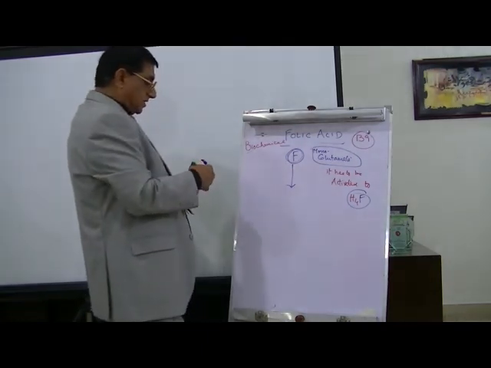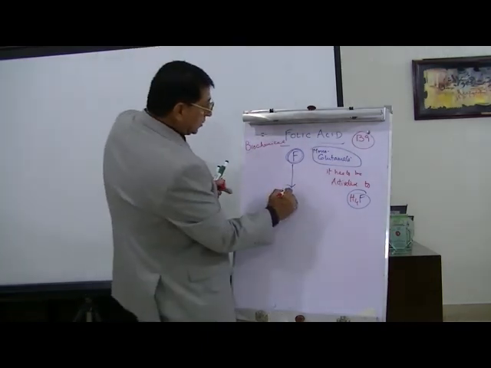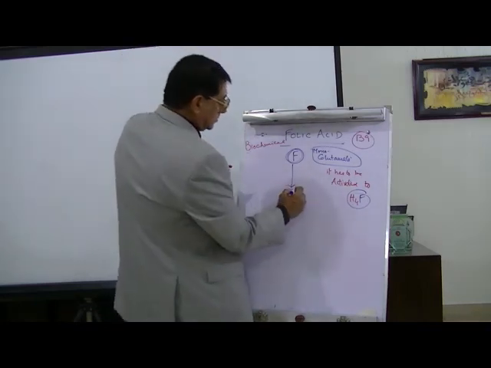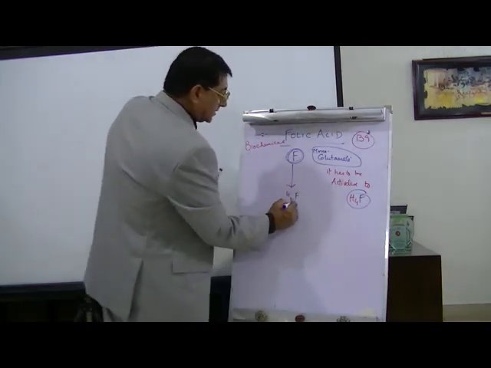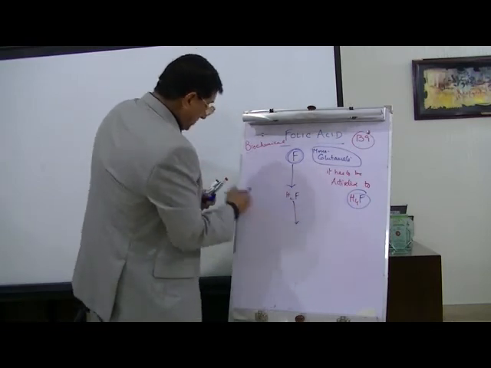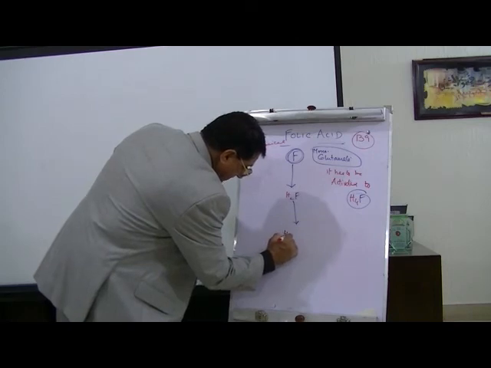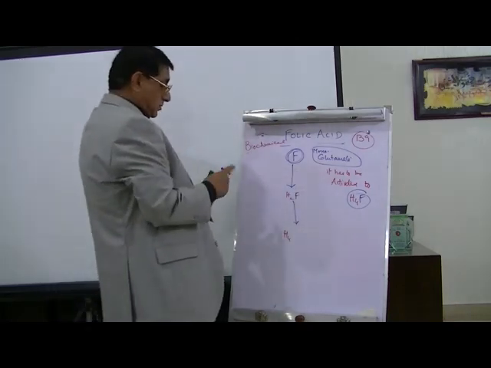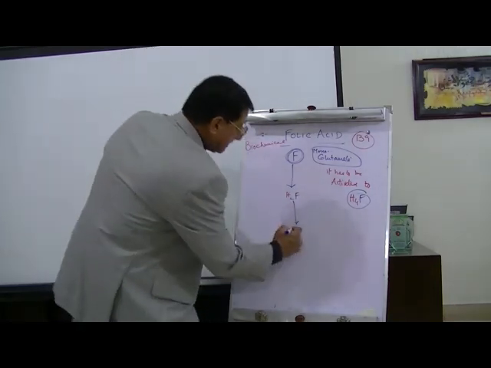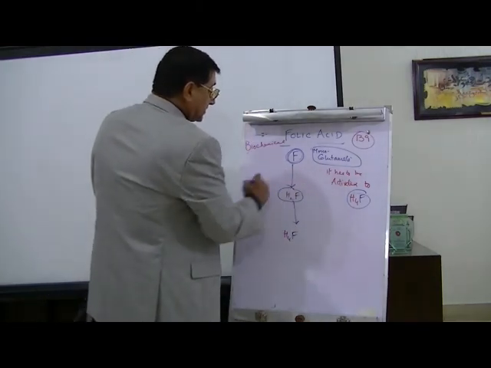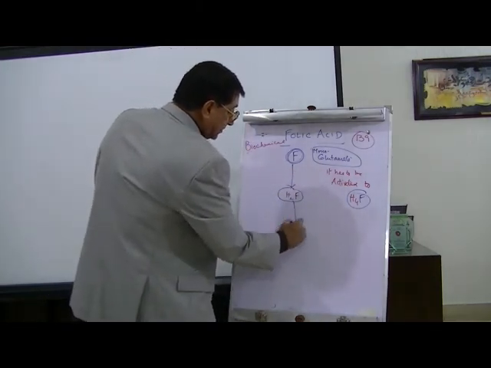First it will be converted into dihydrofolate, then it has to be converted into tetrahydrofolate. Folic acid, dihydrofolate, and this is tetrahydrofolate.